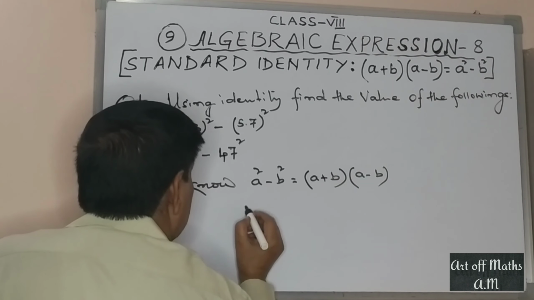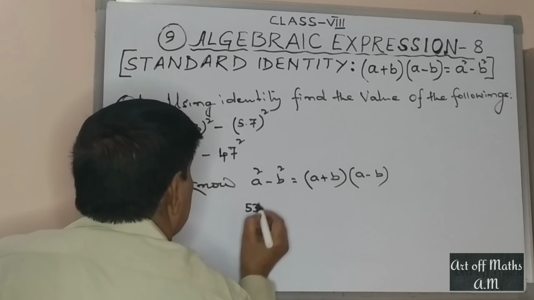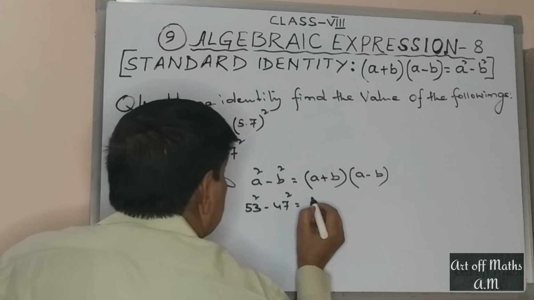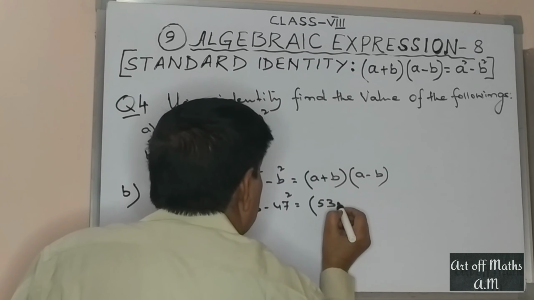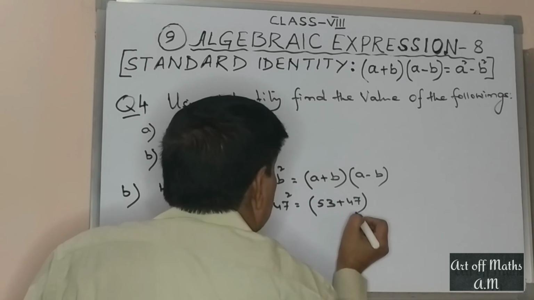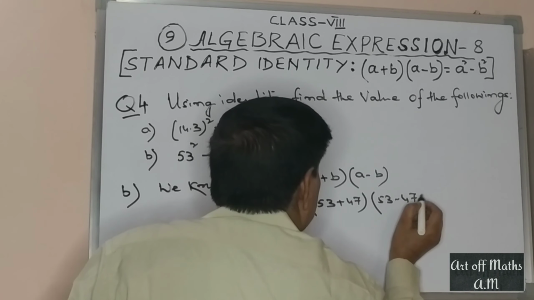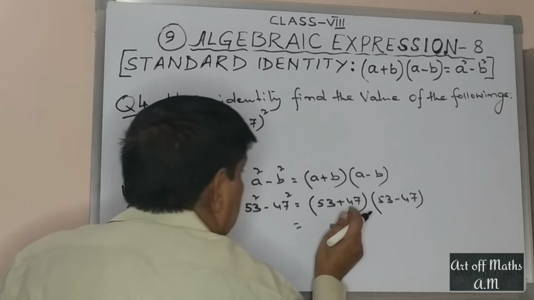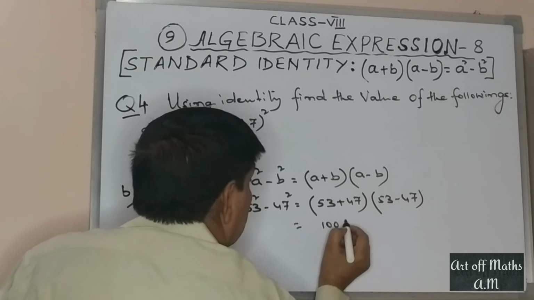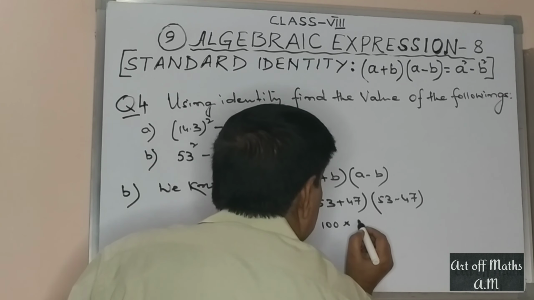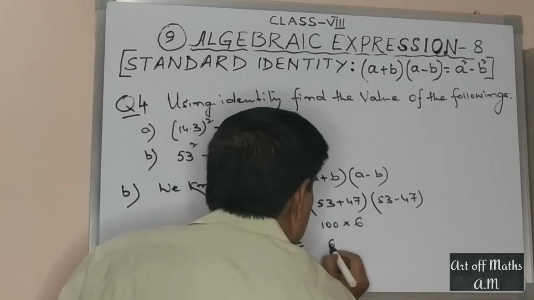That means (53 plus 47) into (53 minus 47). That means 100 into 6, that means 600.